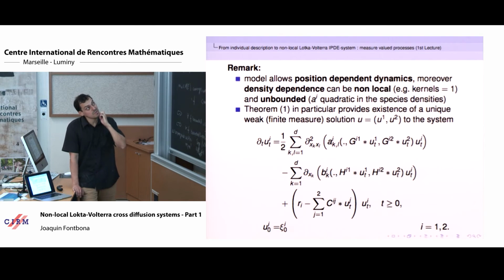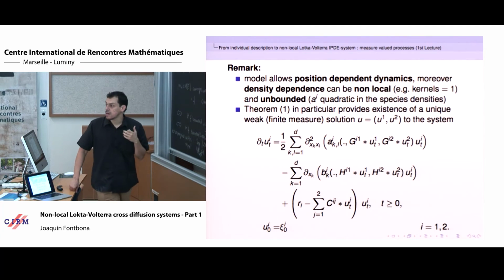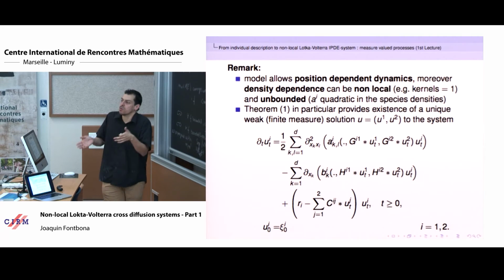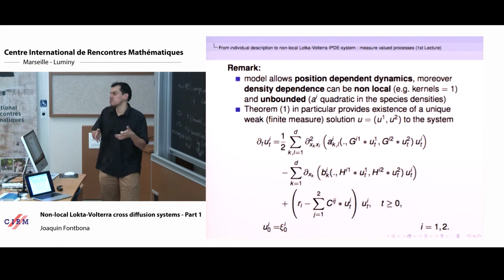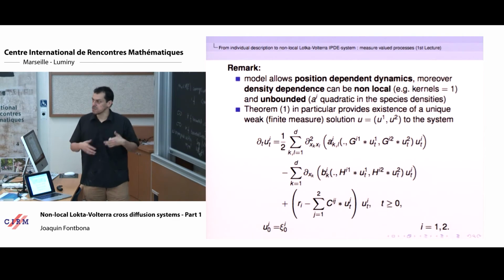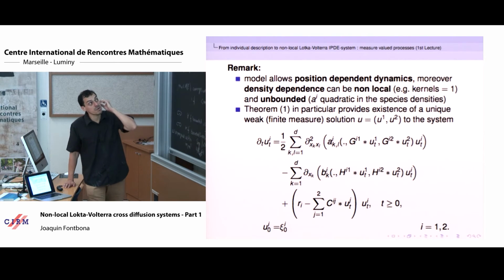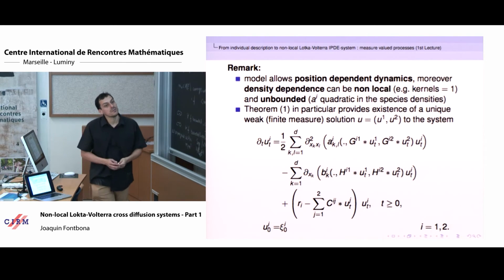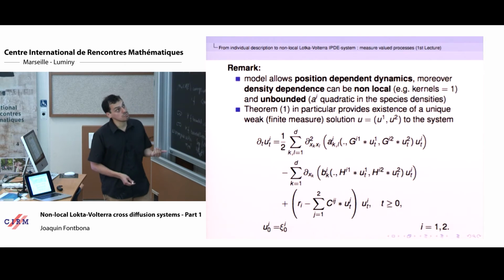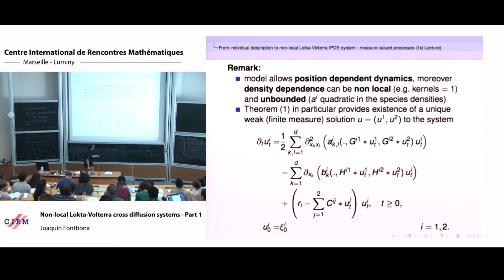And if you assume that you actually have a classic solution, so what we get is a measure solution of a system of integral partial differential equations. If you assume that you have a classic solution, you can rewrite the equation in that way.